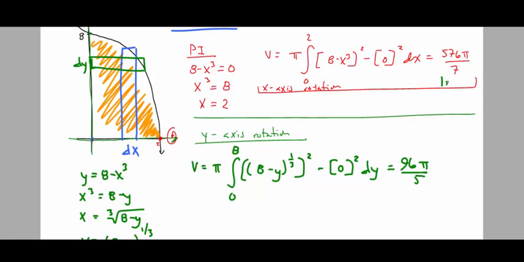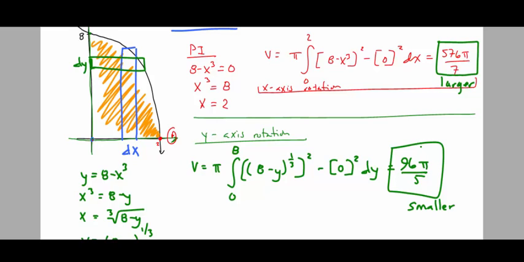So this is the larger of the two, and then down here this one is the smaller. And again, if you needed to look at a decimal approximation, you can, but the easiest way to compare these is if you notice the denominators are about the same, they're pretty close, but the numerators, this is way larger than 96, so I can see that this overall fraction is going to be larger. So this is an example of comparing the two volumes that are created by rotating these about different axes of rotation.